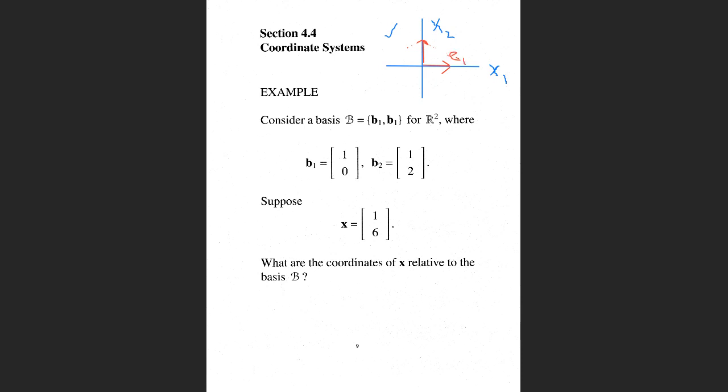Okay, we call that the E1 vector. That vector goes to 1, 0. And this here is the E2 vector, and that goes to 0, 1.